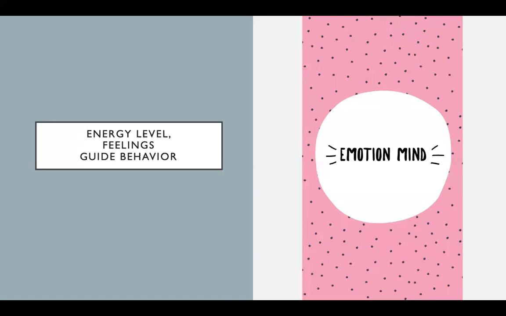So on the other hand, we have emotion mind, which is when our thoughts and behaviors are more responsive to either our energy level or our feelings or really the moment itself. When we're in emotion mind, our thinking and behavior are really just controlled by our current emotional state. It's when we have those hot, quote unquote, cognitions, where reasonable or logical thinking is difficult.